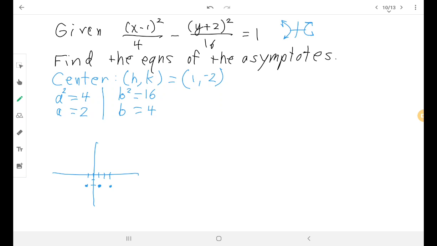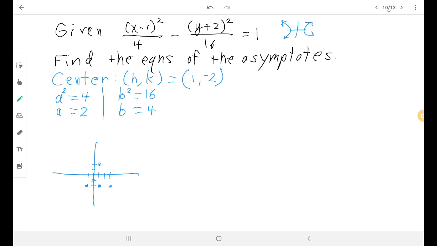Okay. And then my b distance helps me to create my box so that I can see my asymptotes, right? So a distance of 4 in the other direction, in this case in the y direction, that is the direction of the second part. So 1, 2, 3, 4 in that direction.